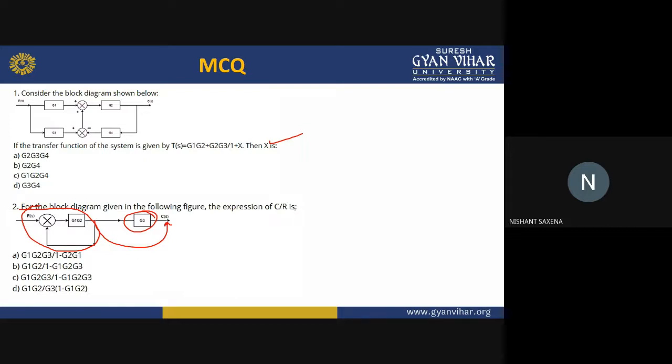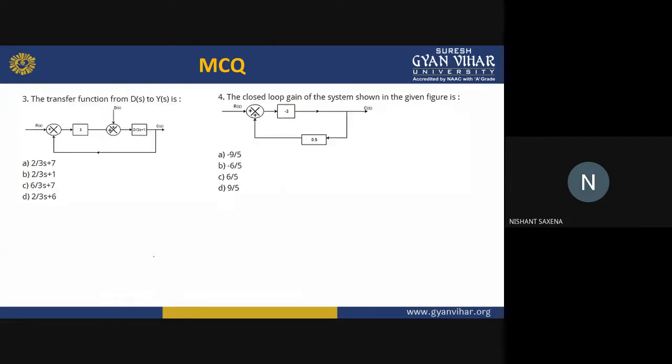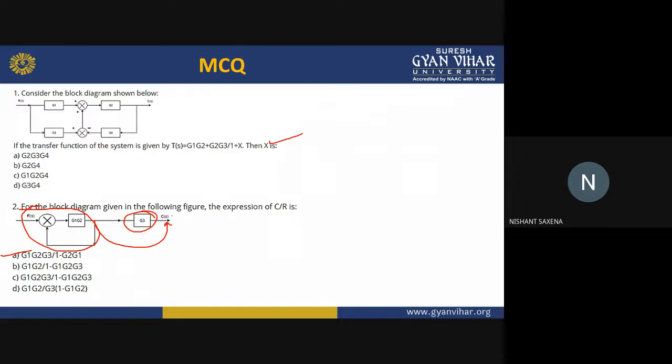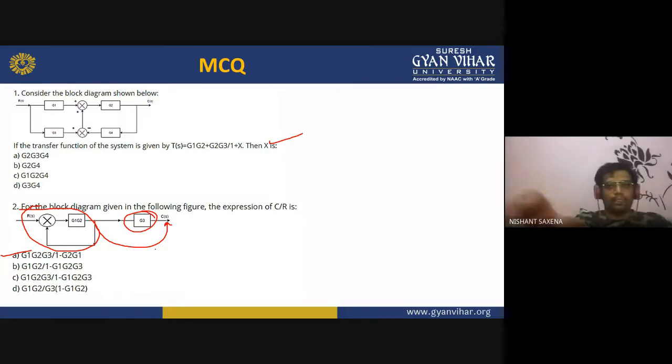So the net transfer function will be G1 G2 upon 1 plus G1 G2, into G3. So it will be G1 G2 G3 upon 1 minus G2 G1. Answer A would be the answer. I can directly solve it by looking at the diagram. You can also try. You will get this technique once you practice a lot.